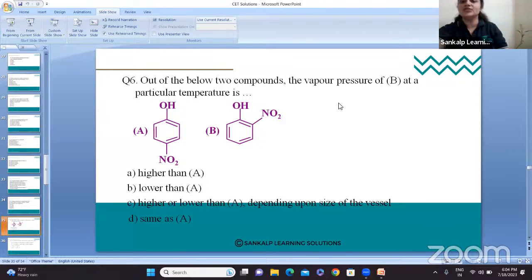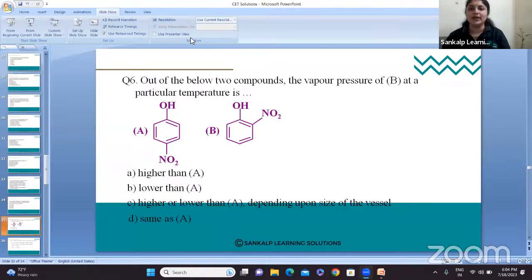Out of these two compounds, you need to tell whether the vapor pressure of B is higher than A, or lower than A, depending upon the size of the vessel, or same as A.